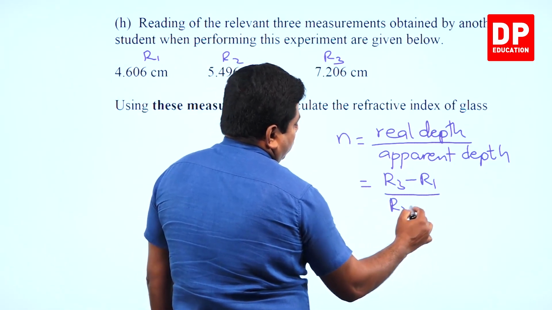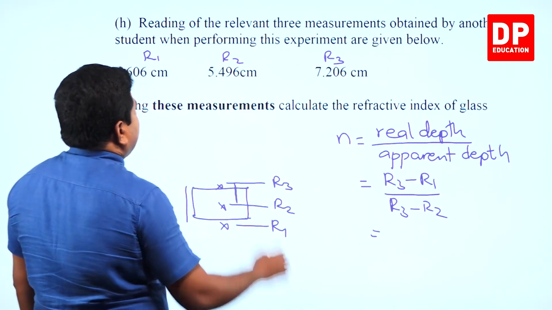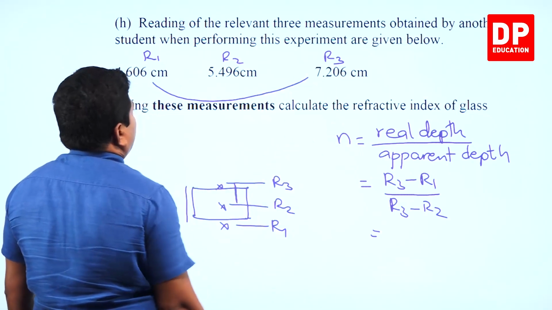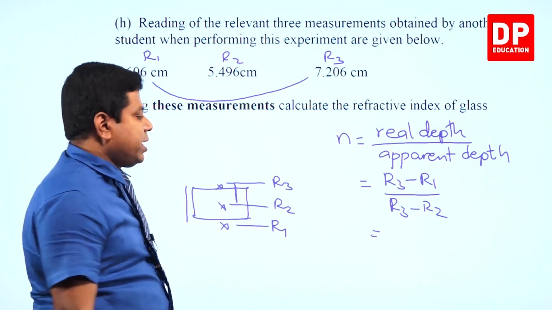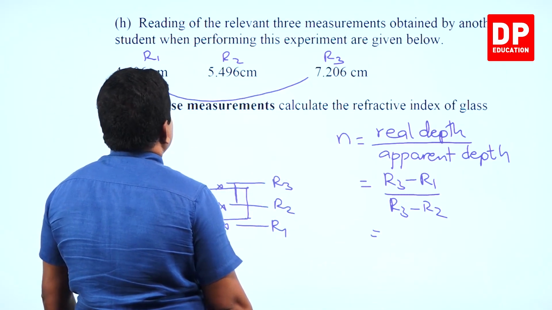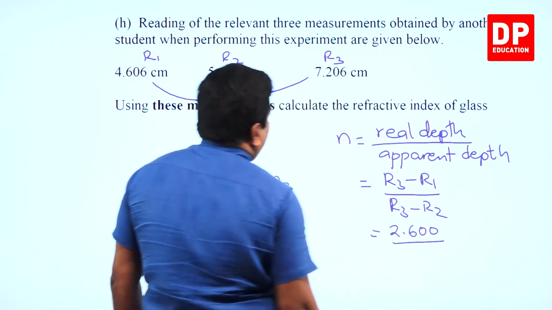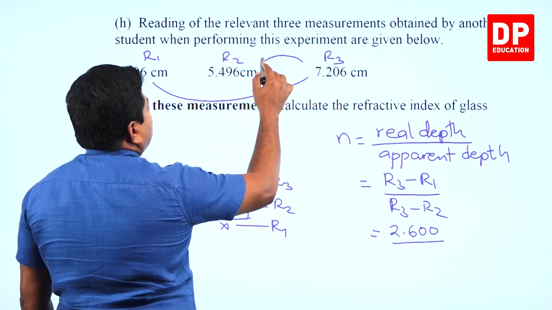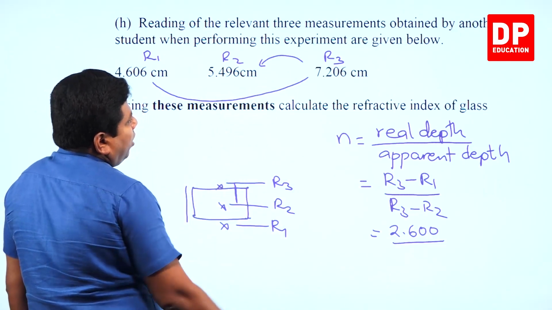Straight away, can we give the answers? R3 minus R1 means I have to subtract these two: 7.206 minus 4.606. If you subtract it, you will get 2.600.